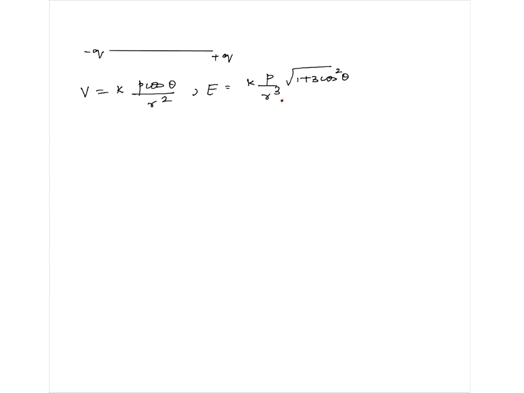For direction, let's see if it will matter or not, here or here. If the point of interest is here, then the direction of field will be towards right side, isn't it? If the point of interest is here, then again it will be right side.